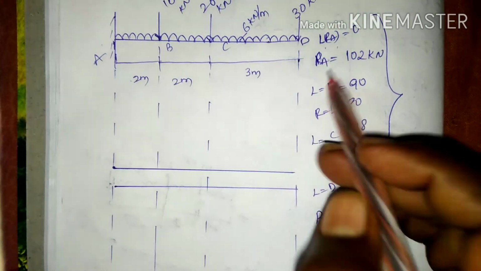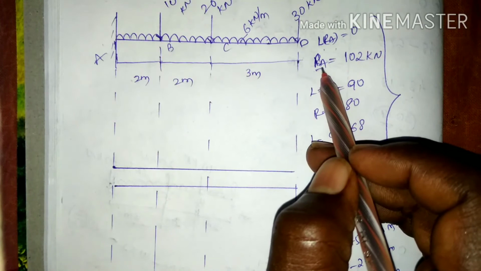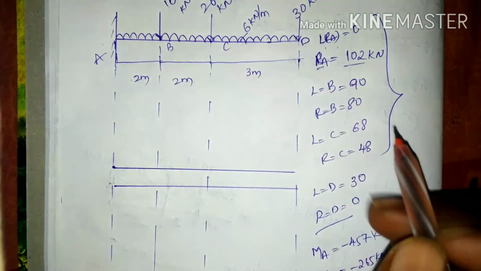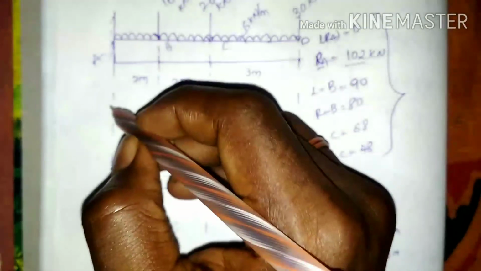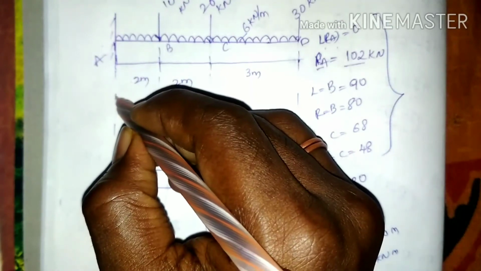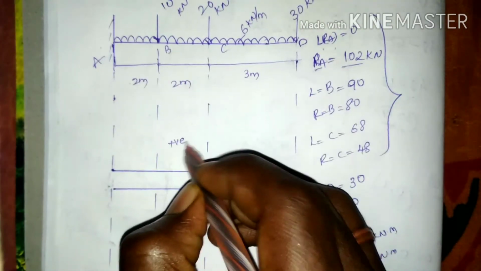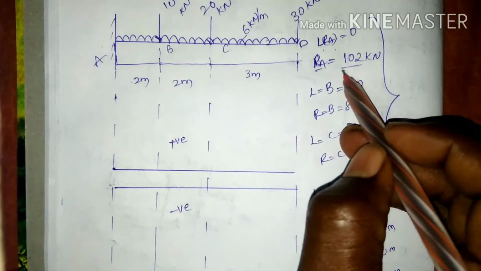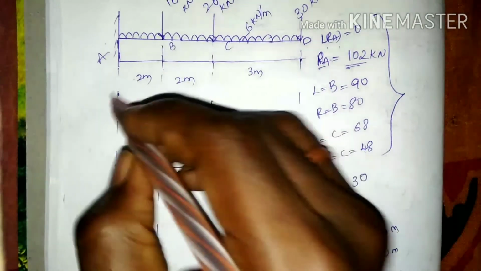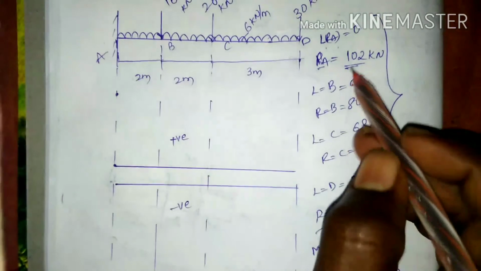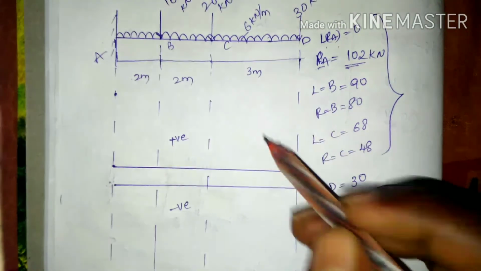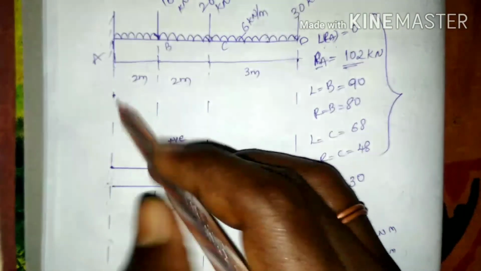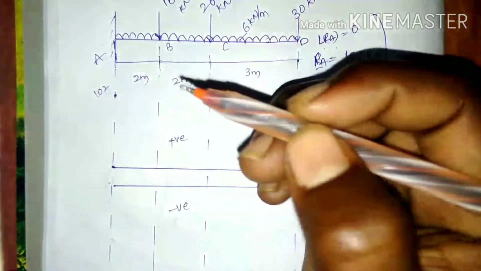And next for the right of the A we are having 102 kilonewtons in the positive direction, so that I am going to consider this as a positive quadrant and this as a negative quadrant, and plotting the point on a positive quadrant in the upper direction, positive 102, and thereafter this is 102.